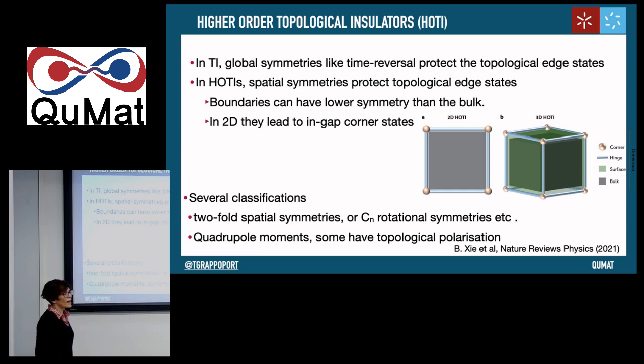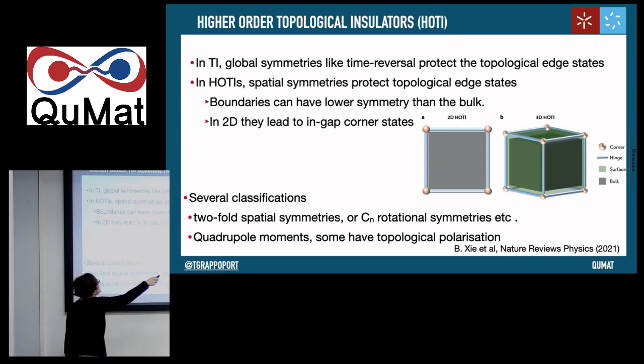However, we can have crystalline topological insulators where the protection comes from crystalline symmetries, right? The symmetries of the crystal. The problem is in systems like that, when you go to the boundary, you can have a lower symmetry compared to the bulk. So you end up having gapped edge states.